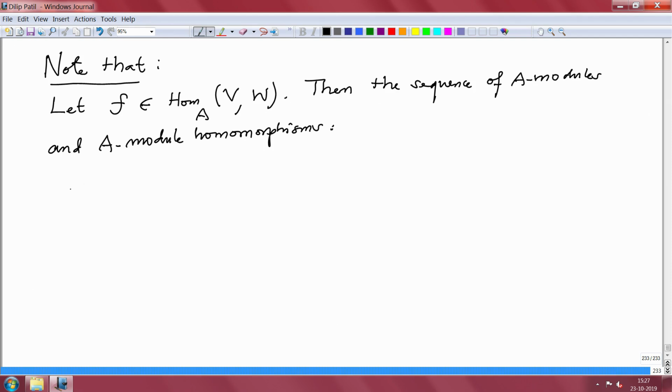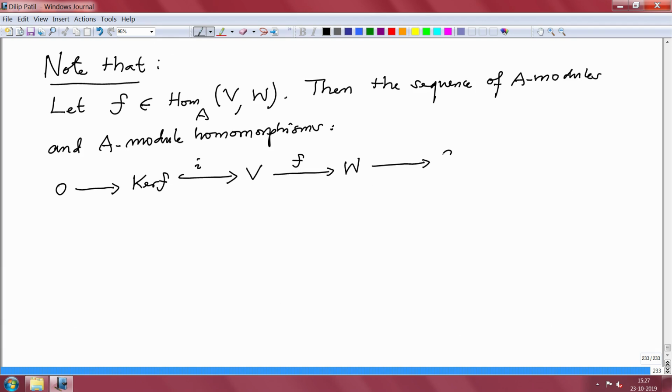So, what is the sequence? 0, from this F we have a kernel of F, and kernel of F is a sub of V. So, from here to V there is a natural inclusion map, and from V to W this is given by F. Yesterday I removed W and wrote image of F, but now I want to keep that W. And where do I go further?